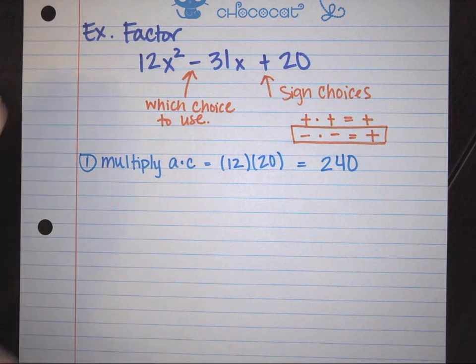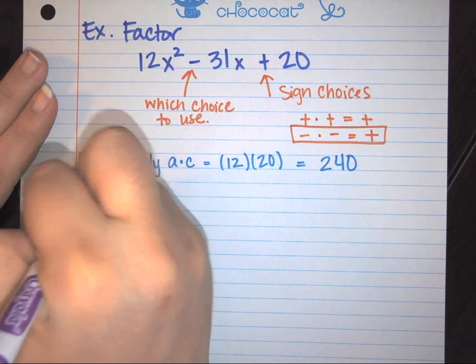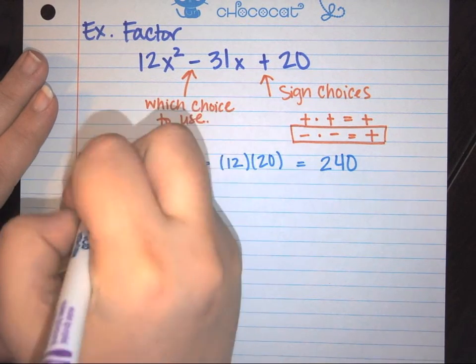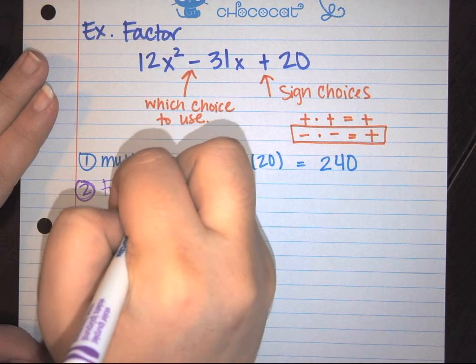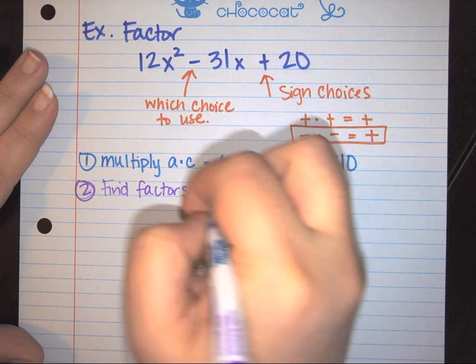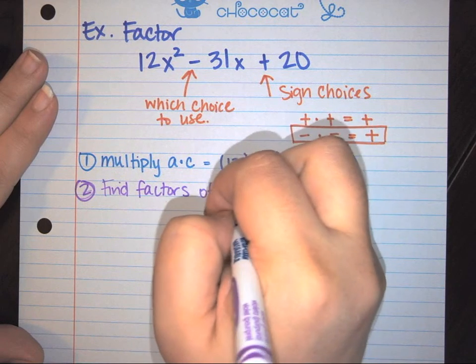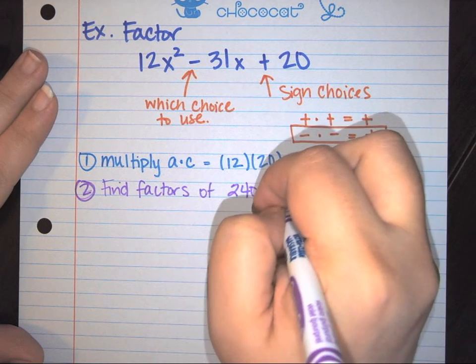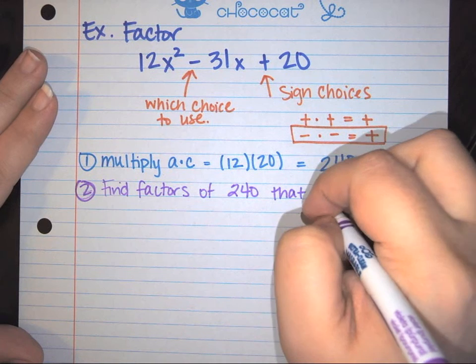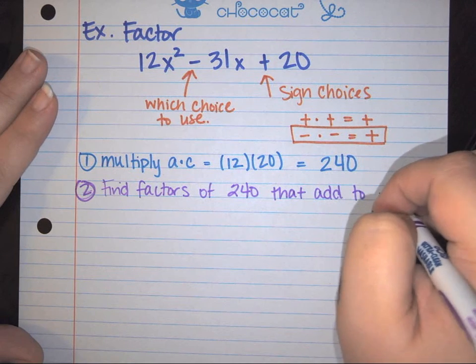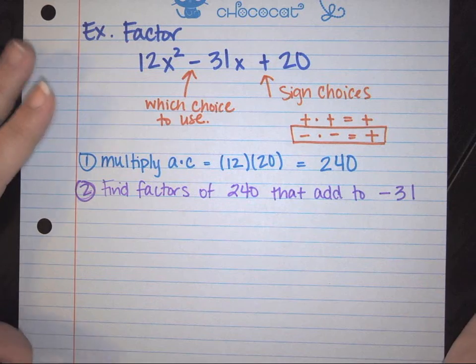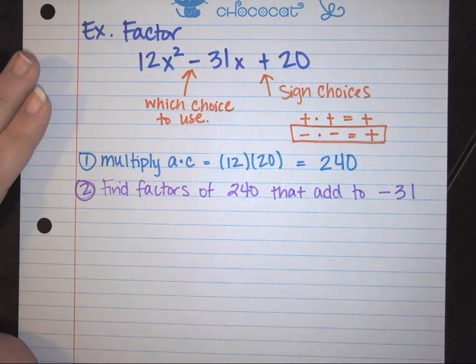My second step says that I have to find factors of my 240 that add to negative 31, because that's my b term, negative 31.